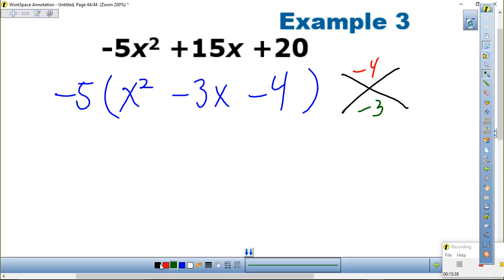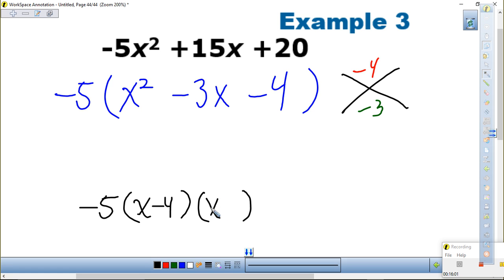So what are our factors at the end, Gloria? Negative 5 times x minus 4, x plus 1. These are my factors. Hands if you got that.